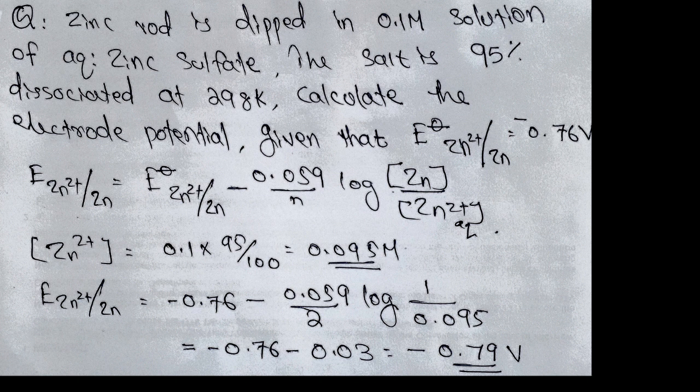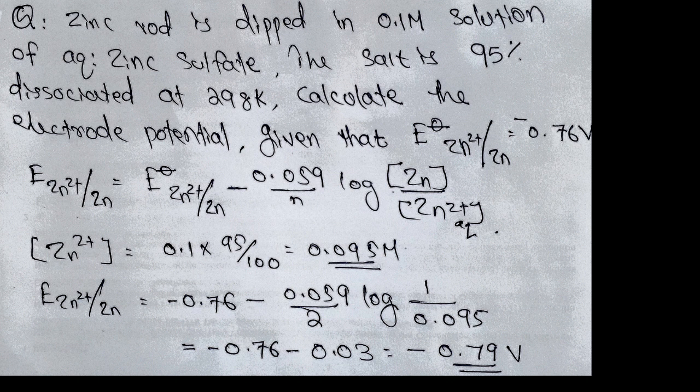Next question: a zinc rod is dipped in 0.1 molar aqueous zinc sulfate solution. The salt is 95% dissociated at 298 Kelvin.